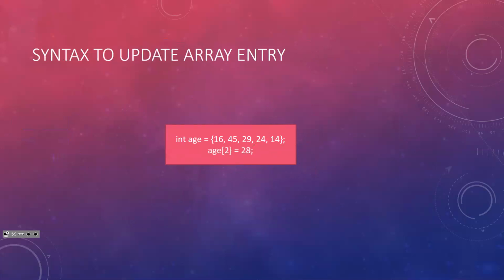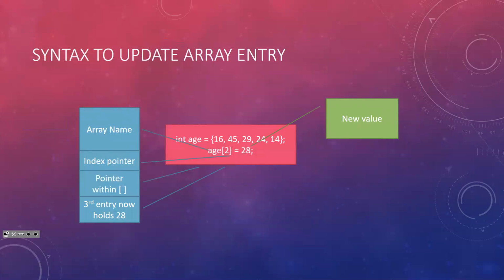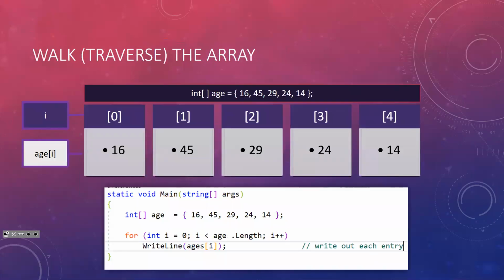Here's another one where we want to update the value in the array. We want to set index location 2 in our age array to a value of 28. We have our array name followed by our index pointer within the square brackets, and then after our equal sign, what we want our new value to be set to. And then we should see our new value.